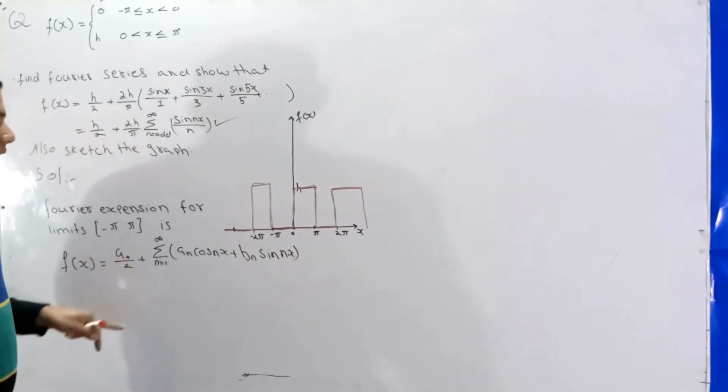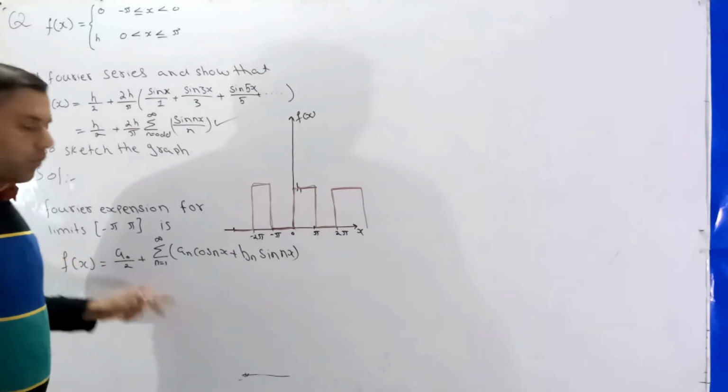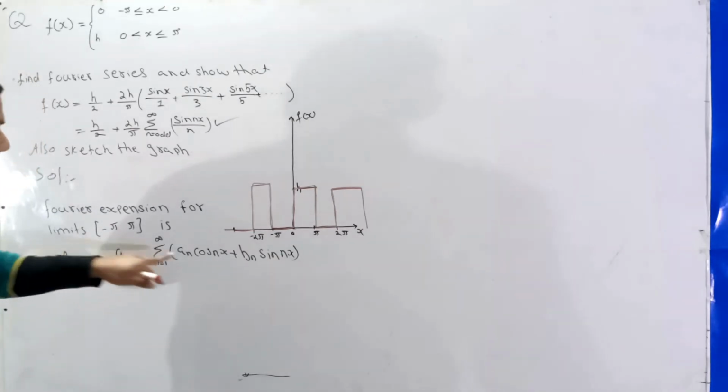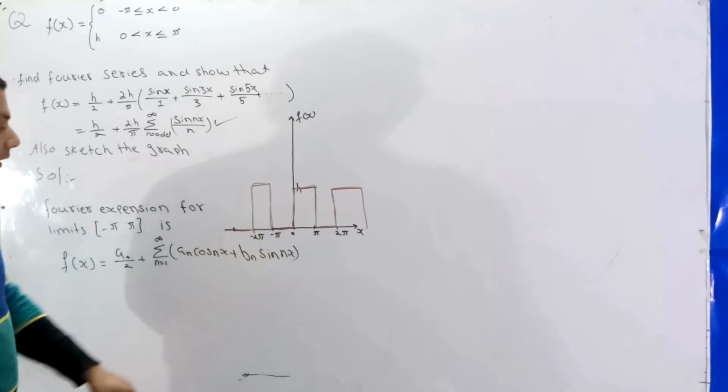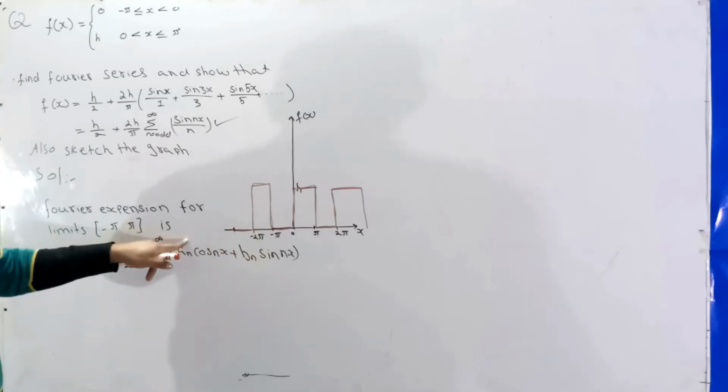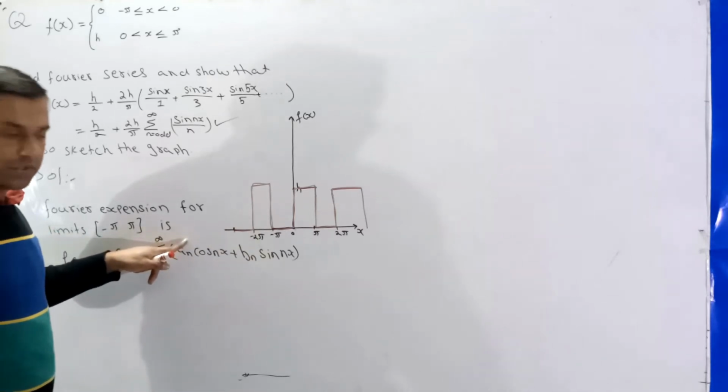To solve the question, we just have to find the values of a naught, a n, b n, and then put these values in this equation to complete the question.